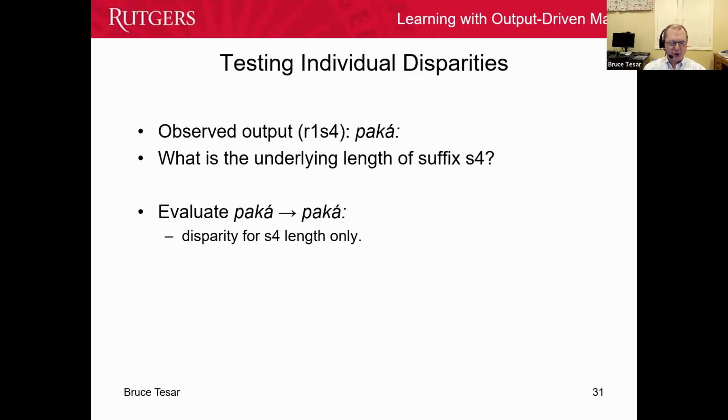That can be used to evaluate individual features in an attempt to set them. So if we observe the word R1S4, sounds like this. We don't know what the actual value of the underlying length feature of the second vowel, suffix S4, is. So we're going to introduce an input for evaluation purposes that differs in just that one feature. So the output that we heard, try having the value opposite of that value, having it shorten the input, and see if that crashes or not.